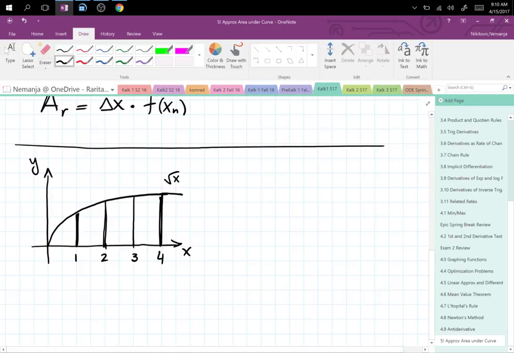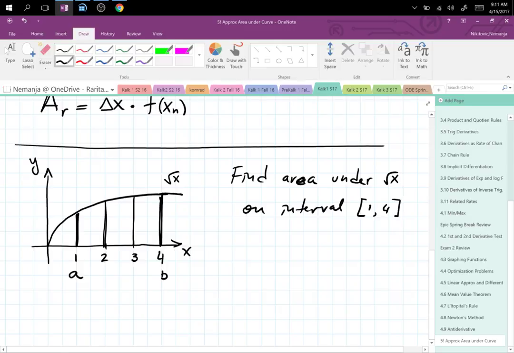I mean, we can go from 0 if you want to, but let's do 1. So A to B. So find area under square root of x on interval 1 to 4.